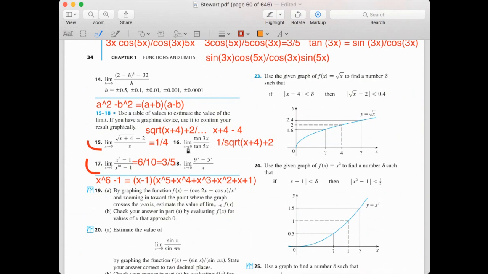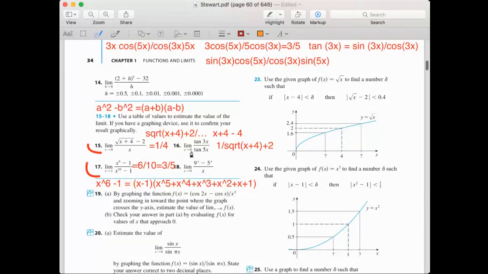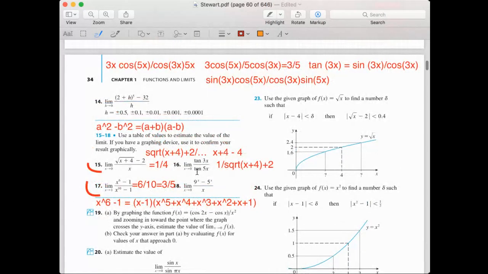If x approaches any other number, we may not be able to use it. So what do we do with this? We think of tangent 3x as sine 3x over cosine 3x. Tangent equals sine over cosine.